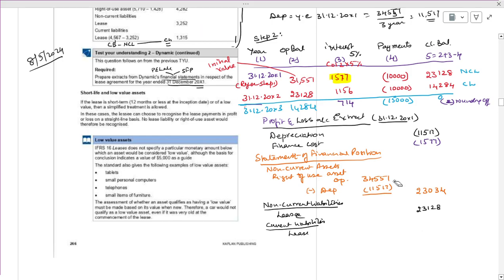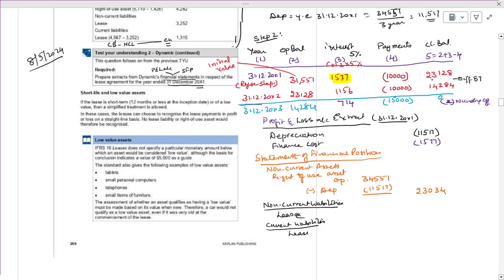Just check 23,128 minus 14,284. Just make sure how much you are going to get. The difference is how much? 8,750.